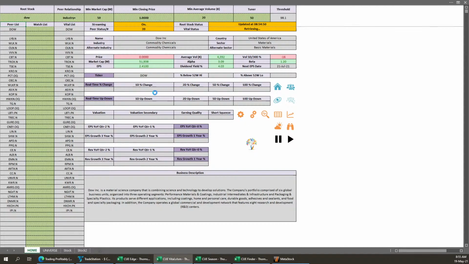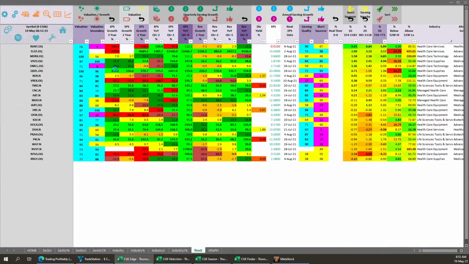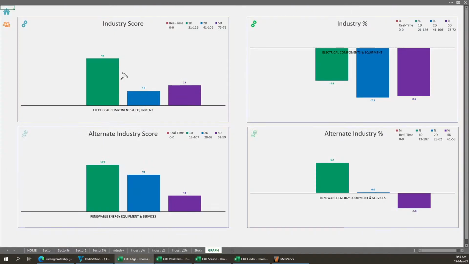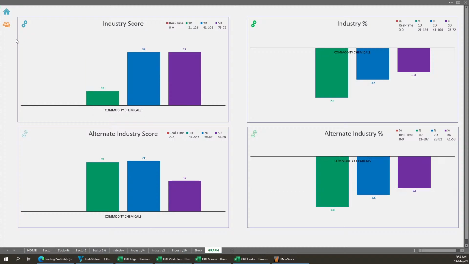How is Dow's industry? Let's check that out. Commodity chemicals. The industry score plunged. See the percentage performance also.